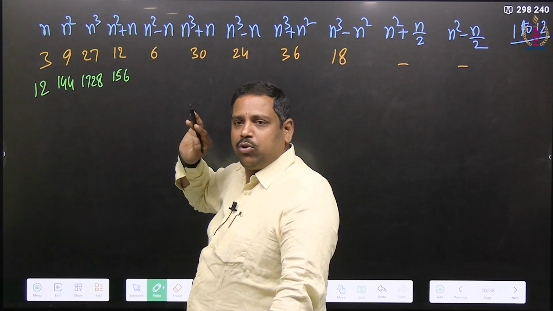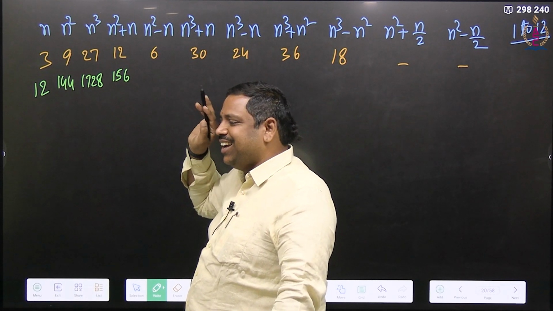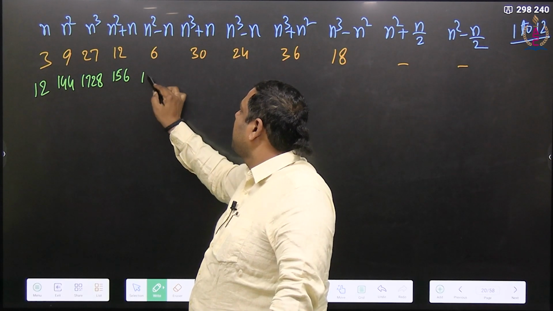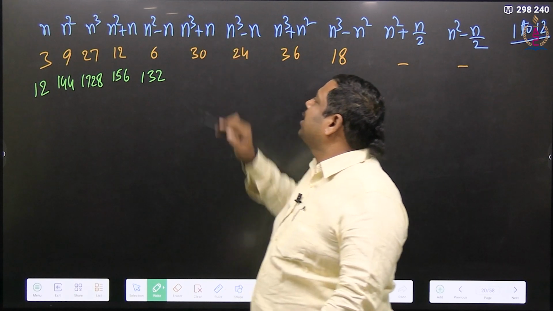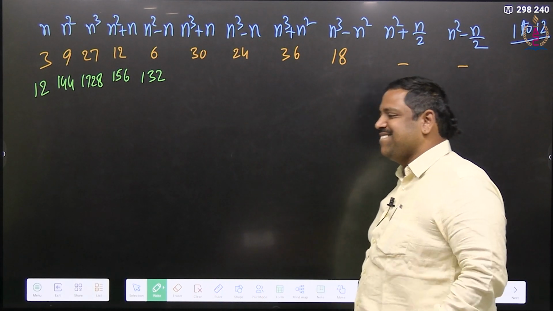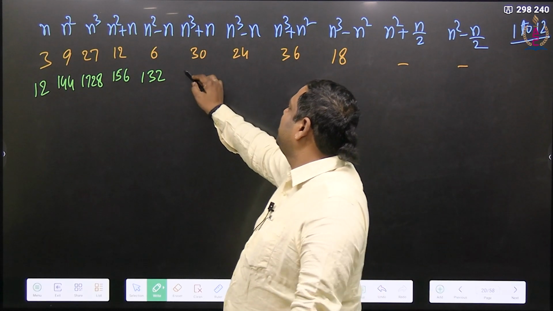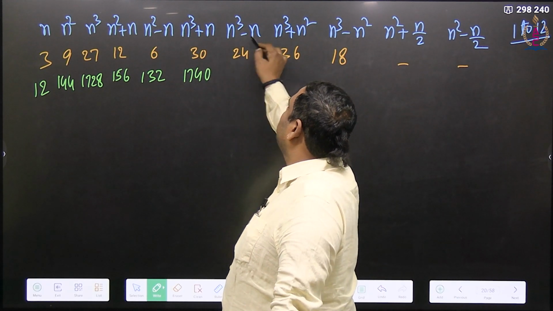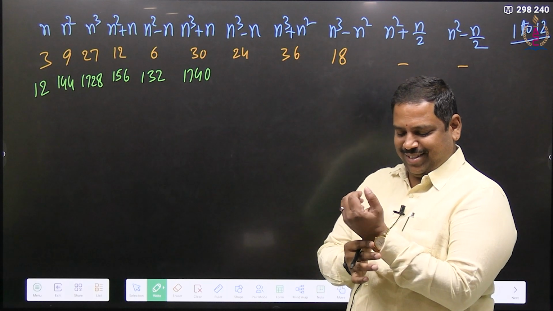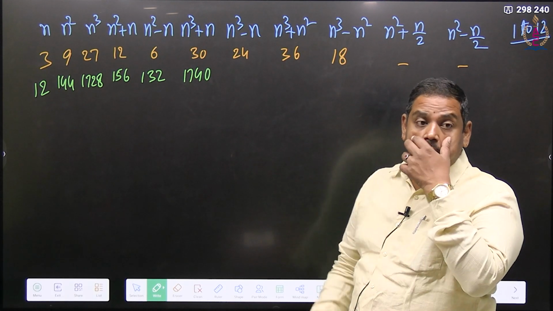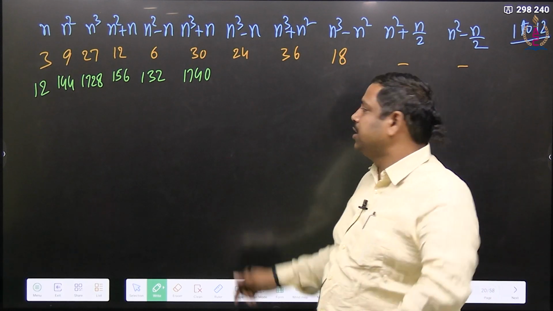Tell me how much? 132, good. 12 cube plus 12, 1740. 12 cube minus 12, 1716.